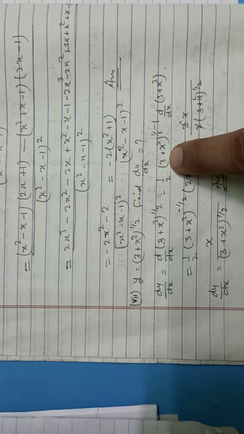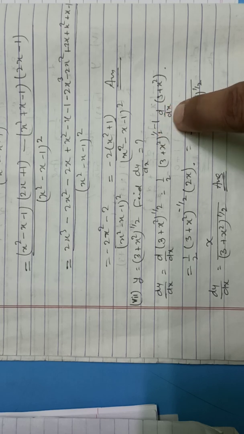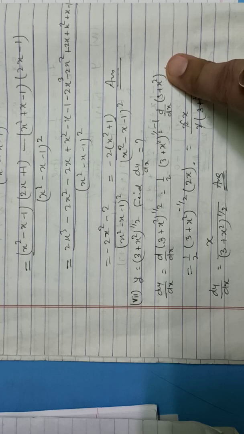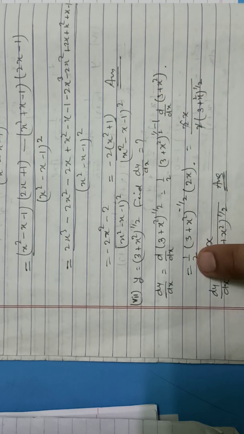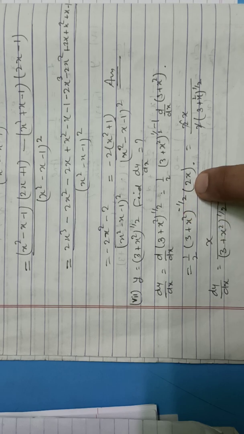In place of u, (3 plus x square) to the power half minus 1. Then we write d by dx of 3 plus x square. Is it clear? The last one: half into (3 plus x square) to the power minus half into 2x. Is it clear?